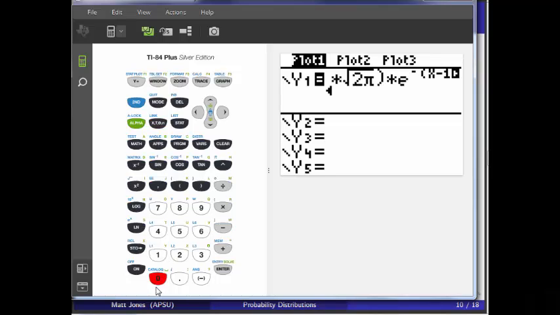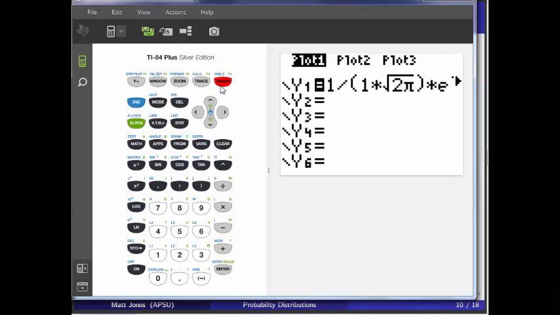Let's say the mean is 10, close quantity, squared, and divide by 2 times sigma squared. I should probably put that in parentheses just to be safe: 2 times 1 squared. 1 squared is 1, but we'll do that.